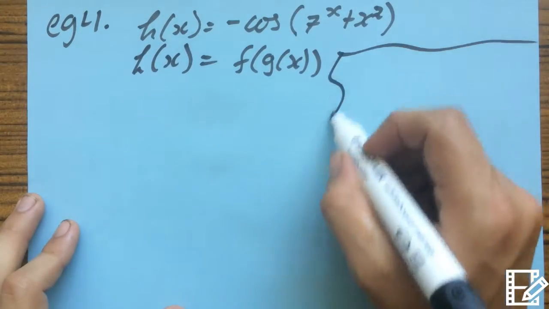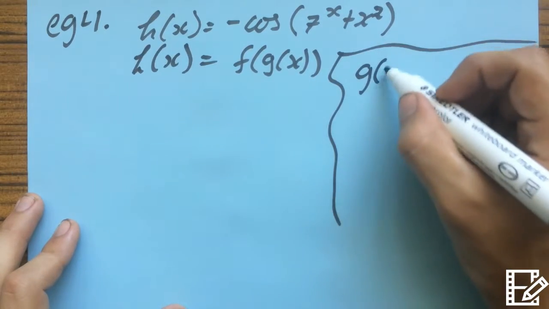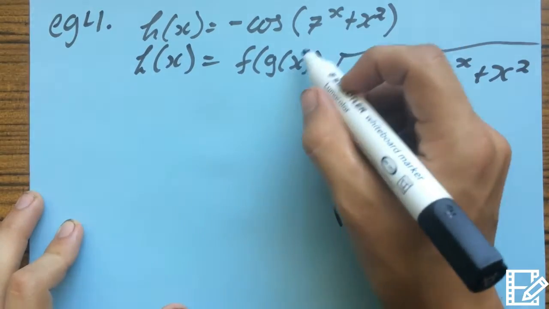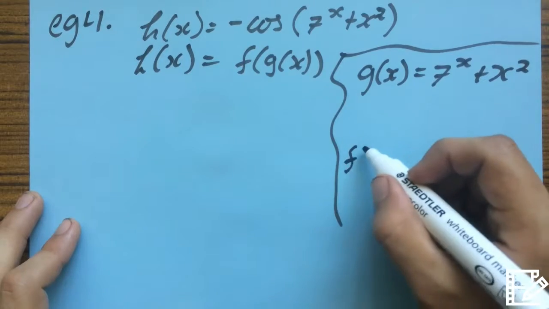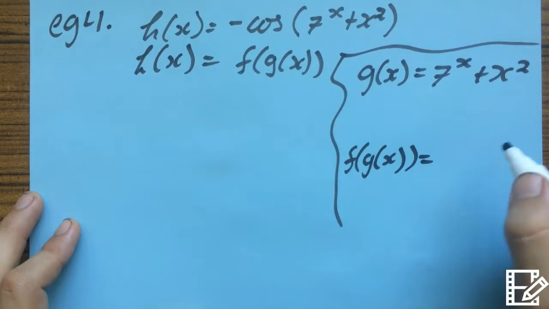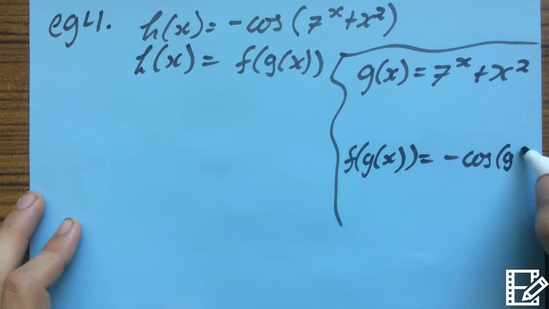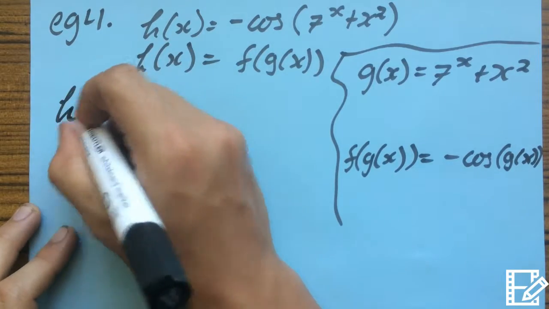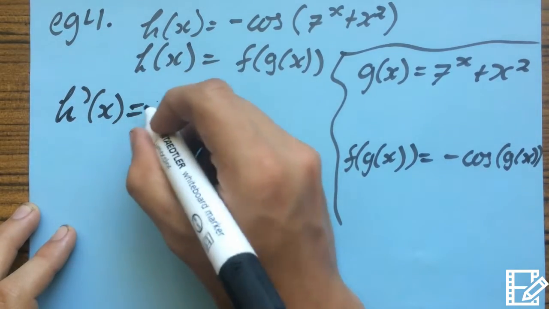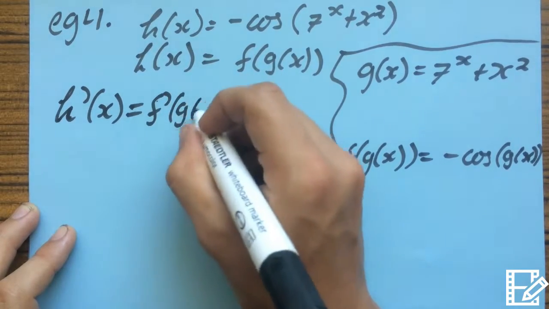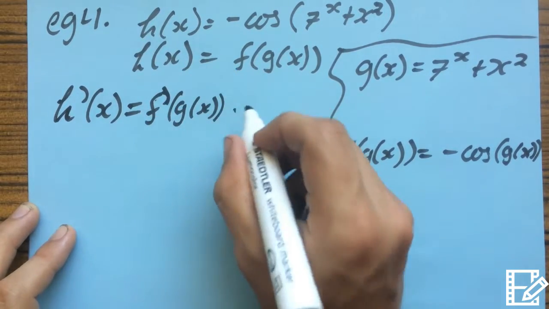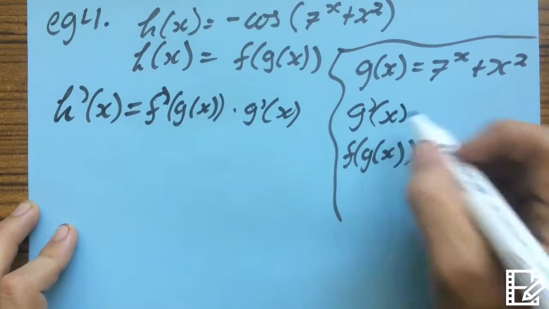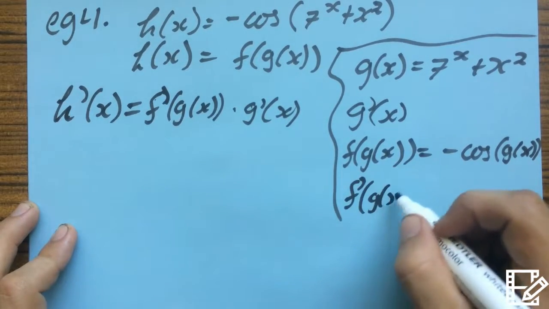So, g(x) we'll label 7 to the power of x plus x squared because it's the innermost function. And f of g(x) we'll label negative cos g(x). The formula for the derivative is f dash g(x) multiplied by g dash x. We need to find g dash x, and we need to also find f dash of g(x).